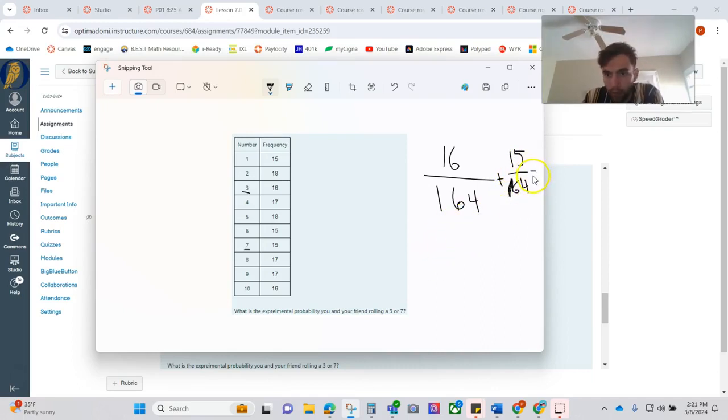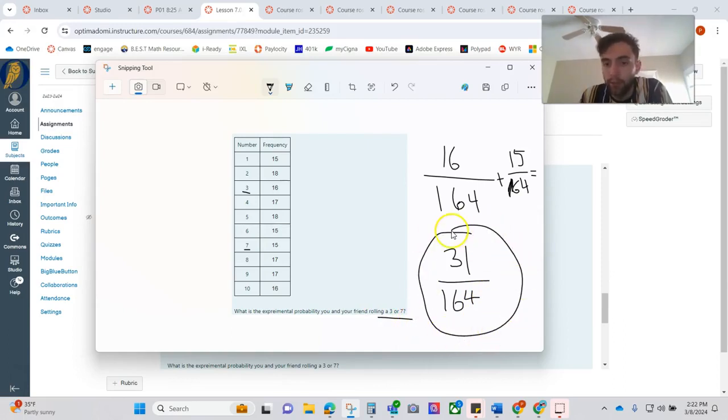So together, that means 31 rolls out of 164 total rolls were either a 3 or a 7. Now this is what I'm going to type into my answer box. But let's see if this is different than 20%, the theoretical probability.